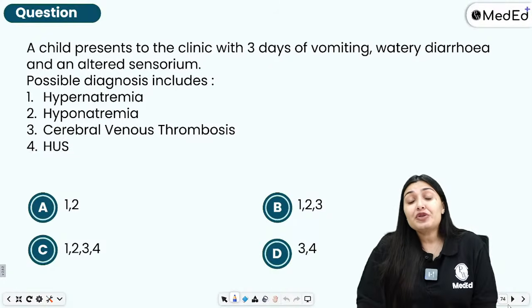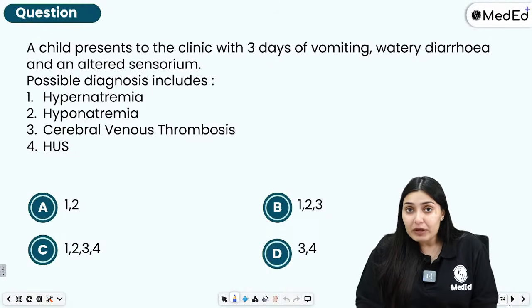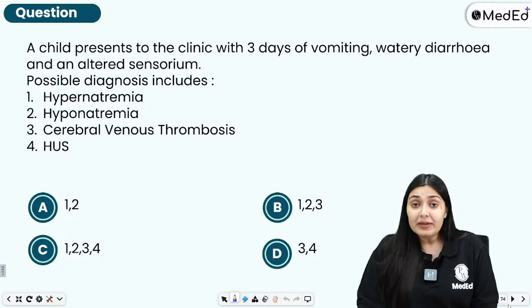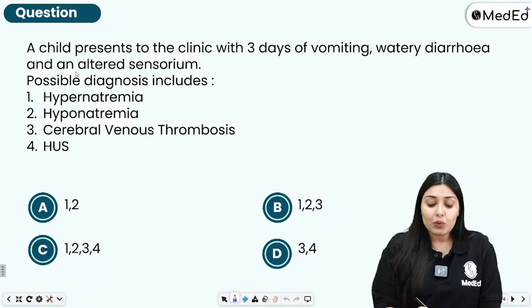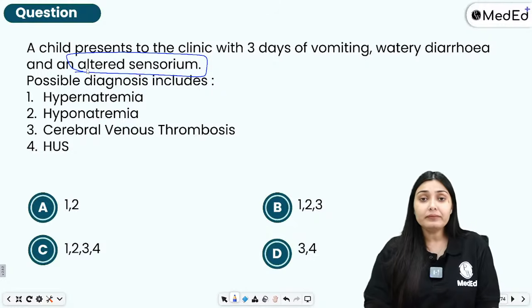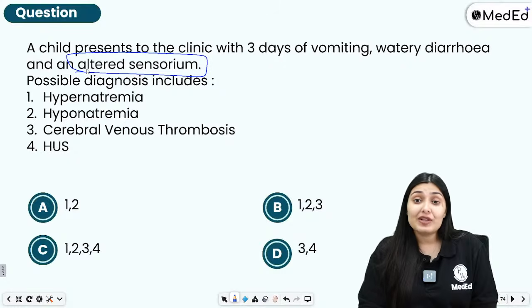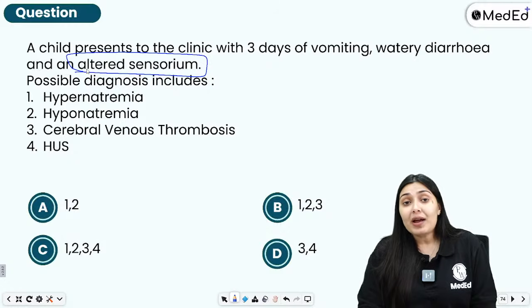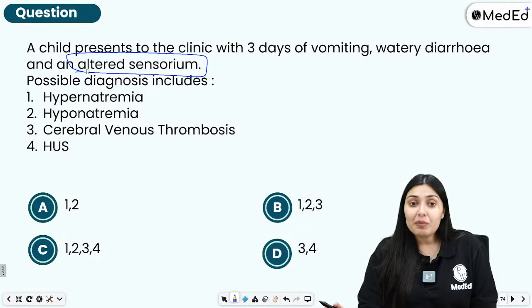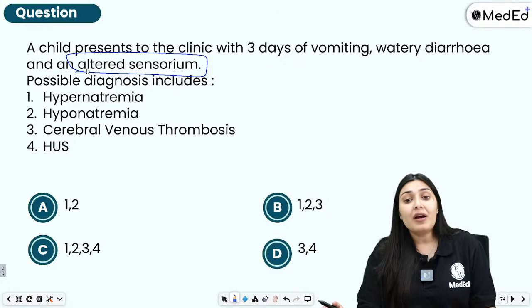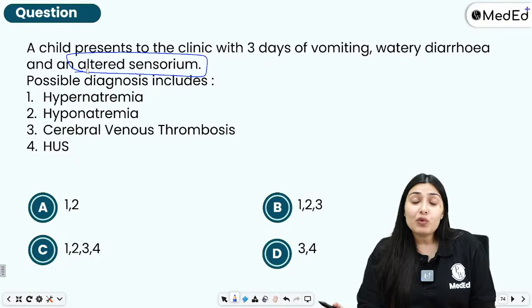A child presents to your clinic with 3 days of vomiting, watery diarrhea, and altered sensorium. So basically there is a child with vomiting, loose stools, and now the child has altered sensorium. They're asking the possible diagnosis here, which includes hypernatremia, hyponatremia, cerebral venous thrombosis, or HUS.